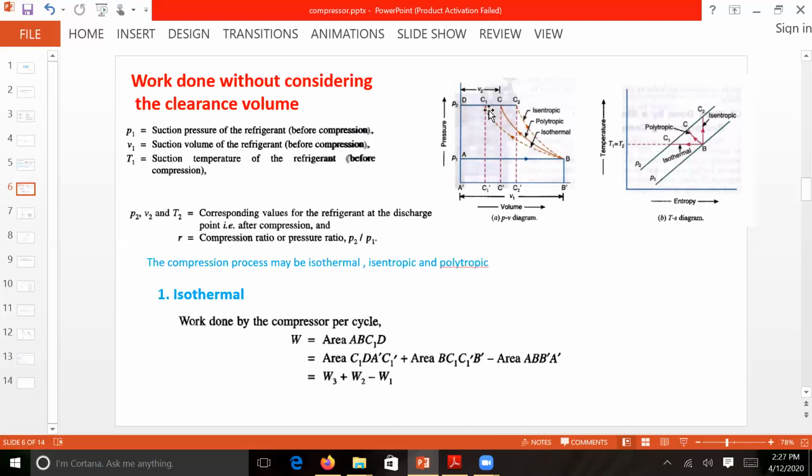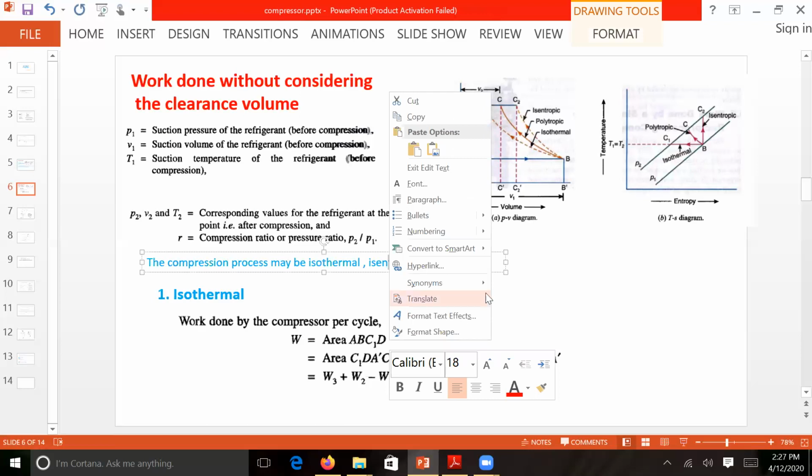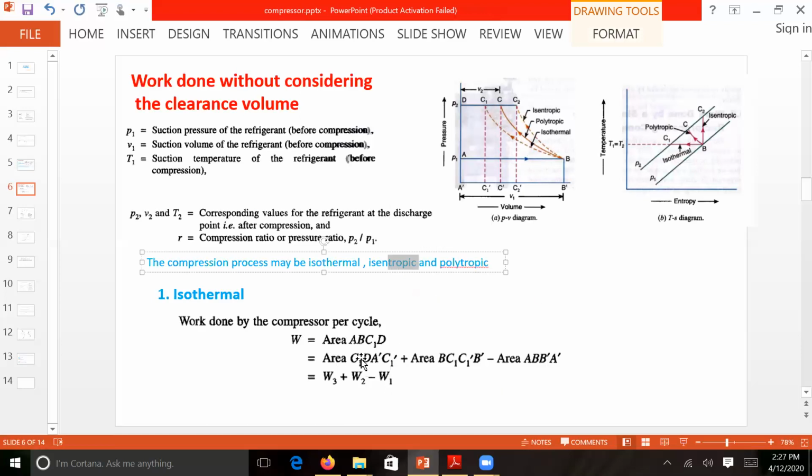For isothermal, this is the curve A, B, C1, and D. So that will be equal to the area C1, D, A dash, C1 dash, or you can say this is the bottom area plus this area, D C1, and then A dash and B dash.